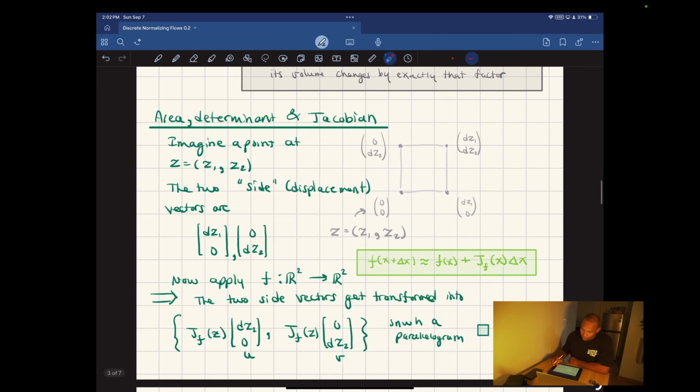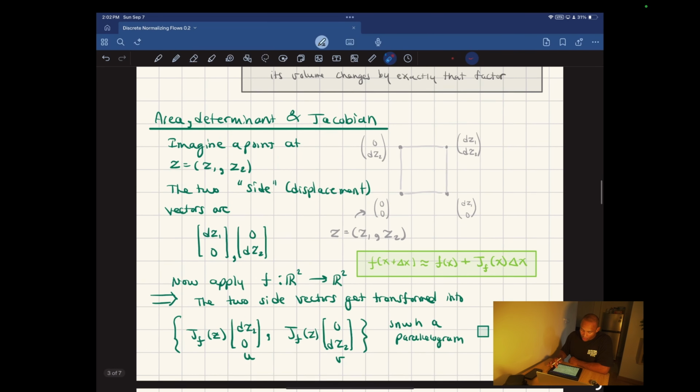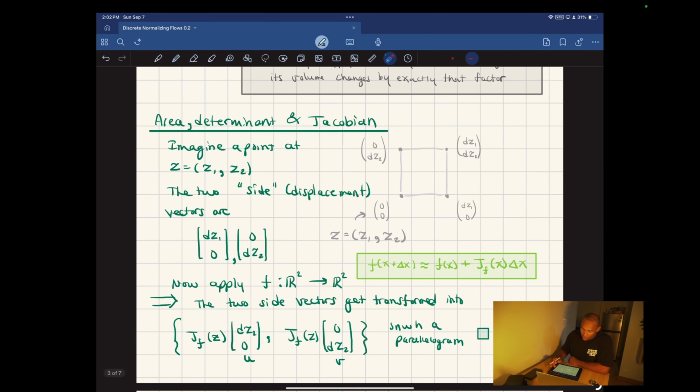And one more thing I want to talk about before we get to the derivation of A: area and the determinant as they relate to the Jacobian.